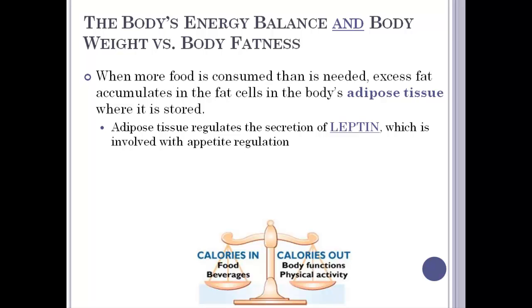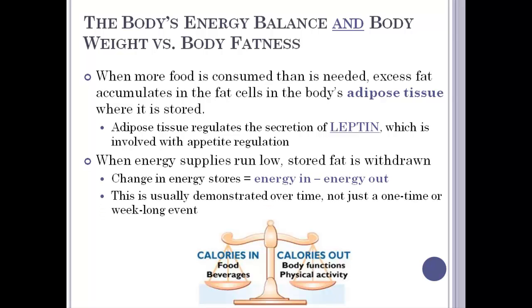Adipose tissue is what regulates the secretion of leptin, which is involved with appetite regulation. Leptin is a hormone in your body. It's your "I'm ready to stop eating" hormone. It's what signals to the brain that you're full. When your energy supplies run low, your stored body fat is drawn on. See, what's really great is that when you carry excess calories and excess body fat, you're really carrying excess energy.